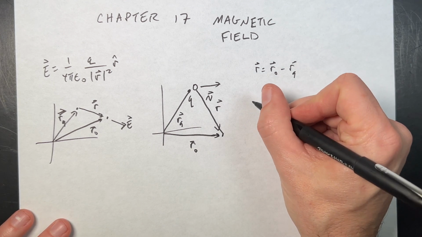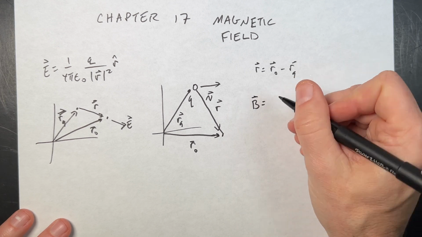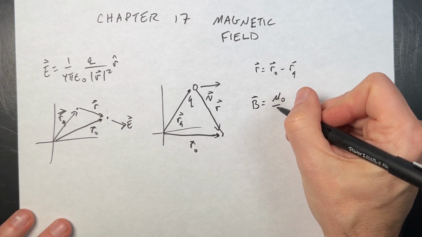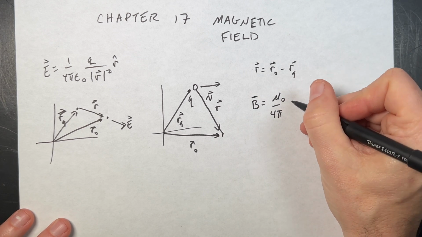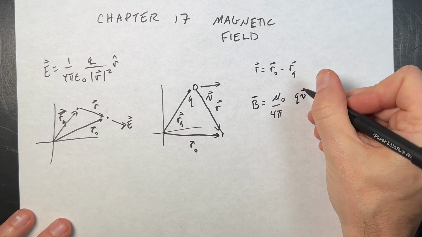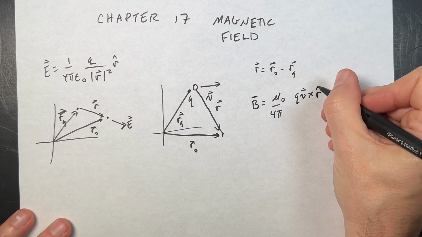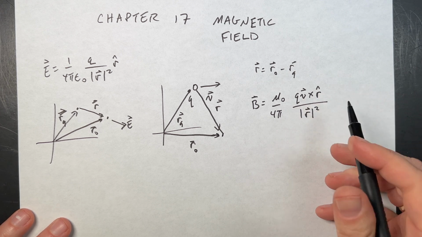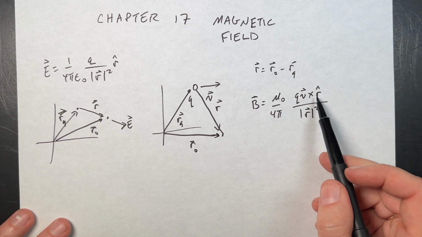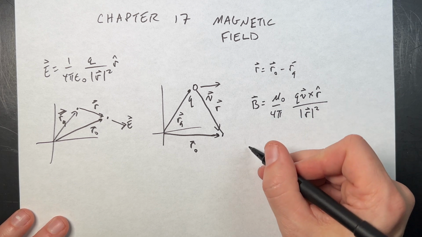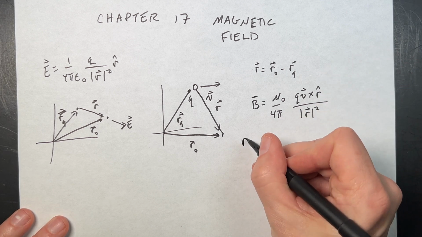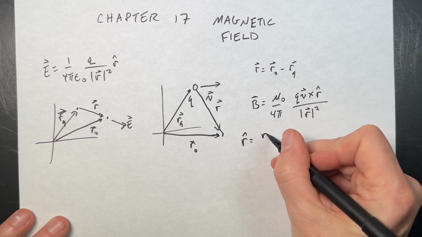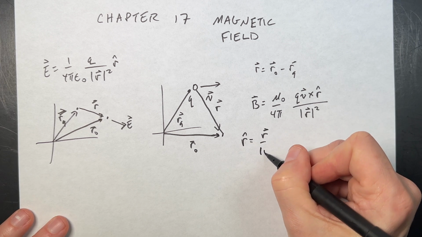The magnetic field B is equal to mu naught over 4 pi QV cross R hat over the magnitude of R squared. And remember, R hat is a unit vector, and we can write R hat as R over R magnitude.